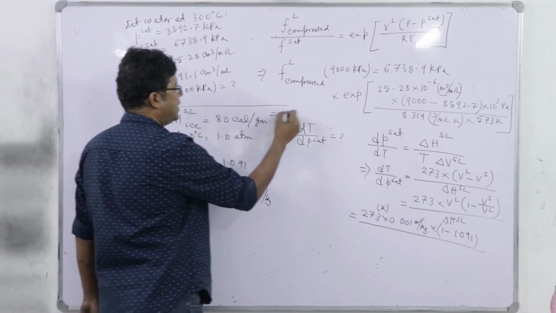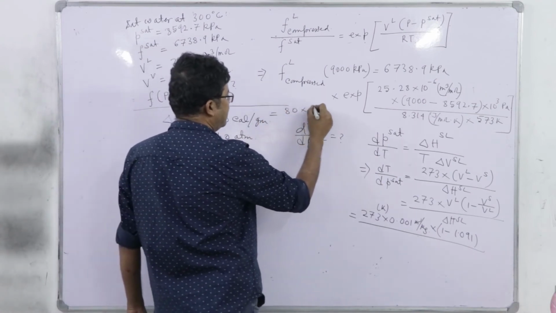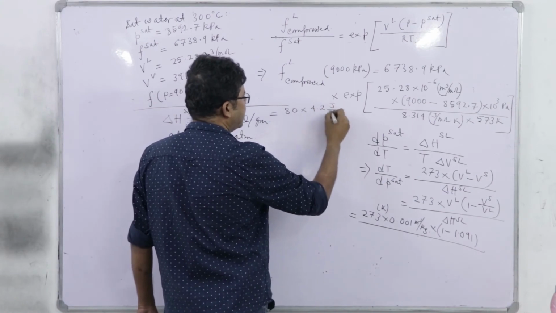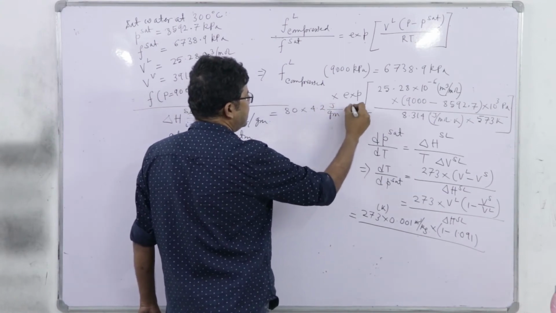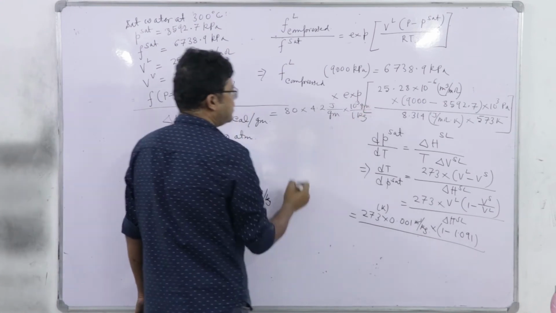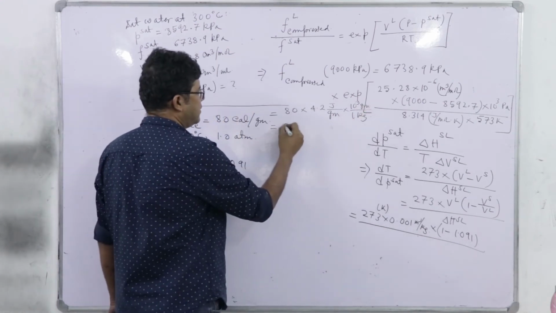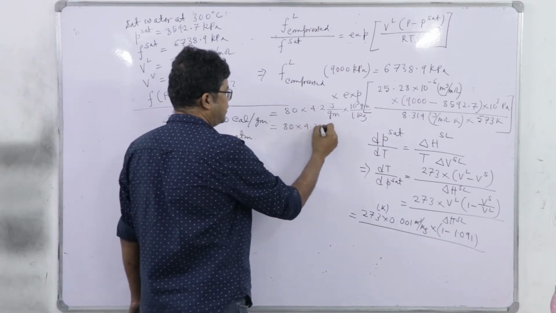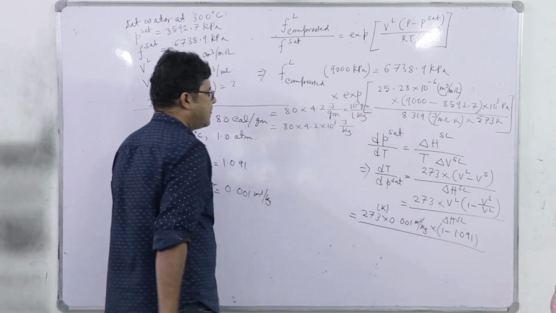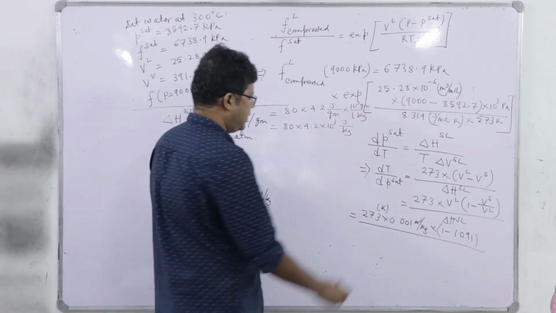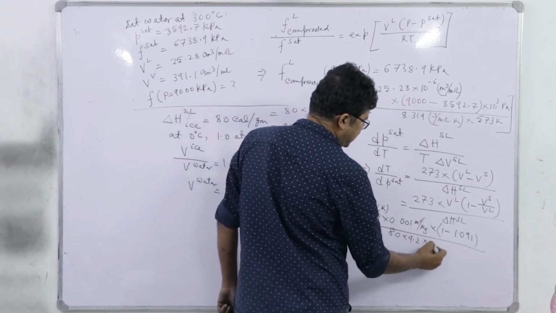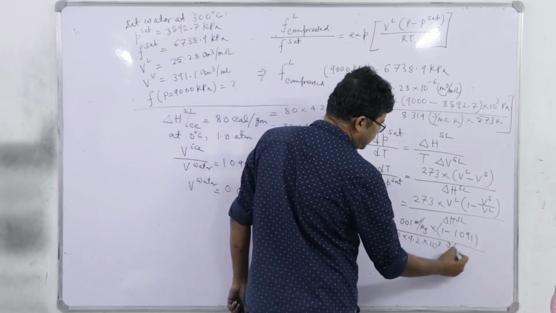So, we can convert it. So, 80 into 4.2 joule per gram into 10 to the power 3 gram per kg, right. So, it is joule per kg, 80 into 4.2 into 10 to the power 3 joule per kg.